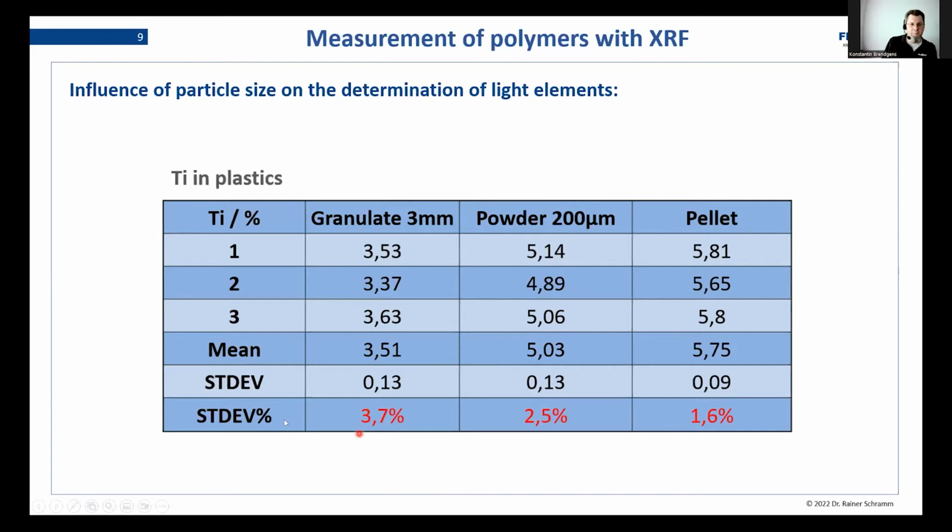And we're looking at the relative standard deviation, as a measure of our repeatability. I think we can see that for titanium here, the particle size effect is definitely there. When we have a coarse sample or a coarse granulate, 3 millimeter in size, our standard deviation is higher than in the powder and in the pellet.